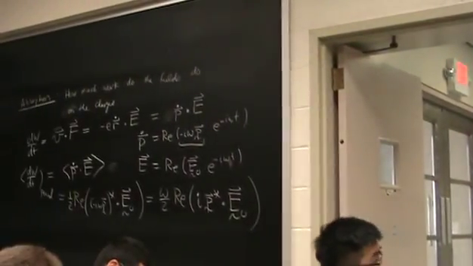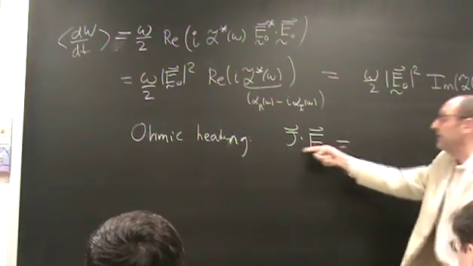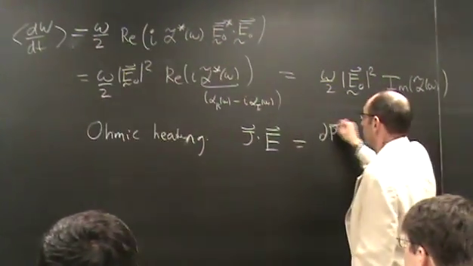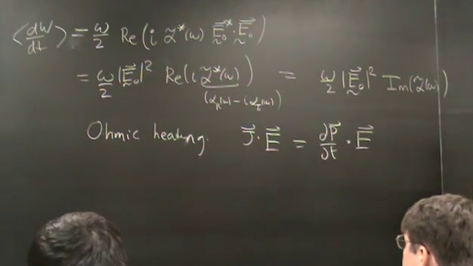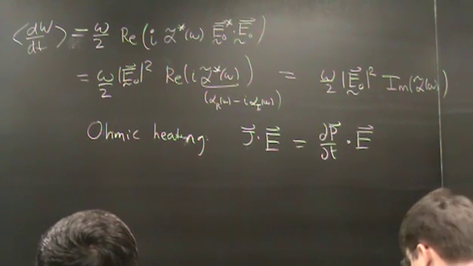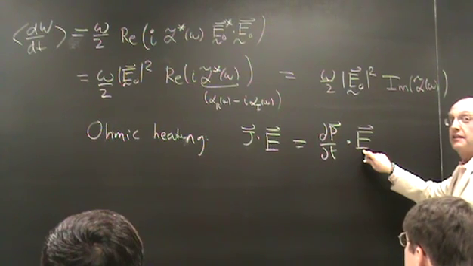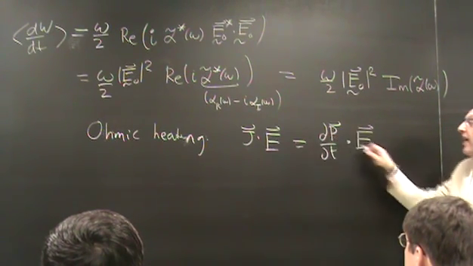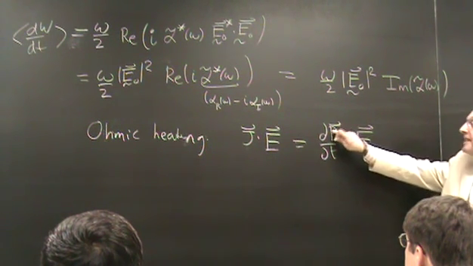Why is that? Because in this case, what is J? J is the polarization current, right? It's the current due to the oscillating polarization. And we discussed that was the derivative of the polarization with respect to time. Okay? So if this oscillates like cosine omega t, then the part on time average which gives rise to heating, well, this has to go like sine.